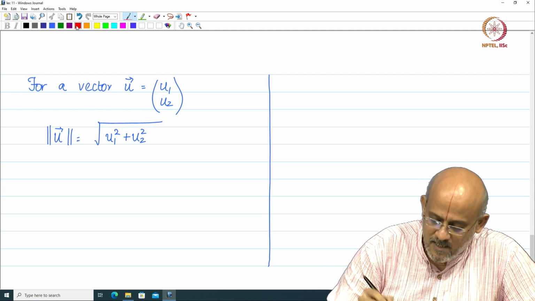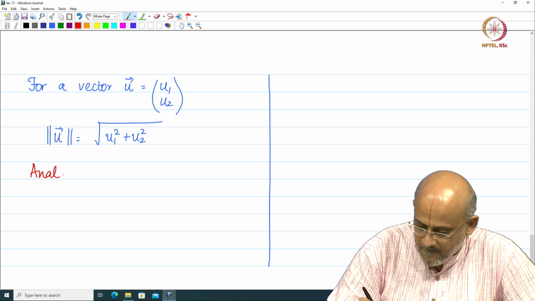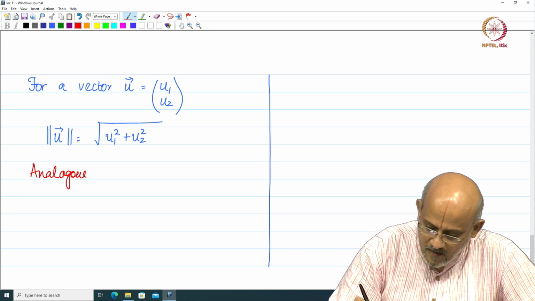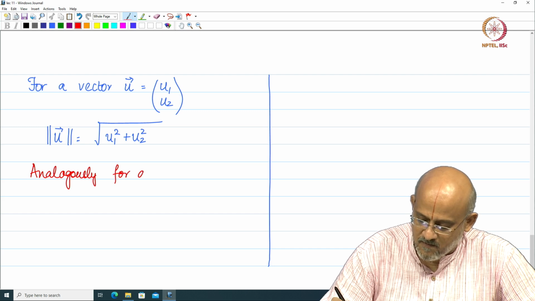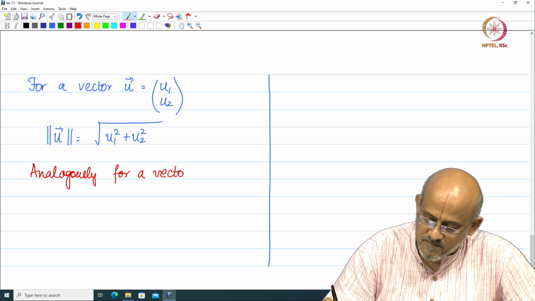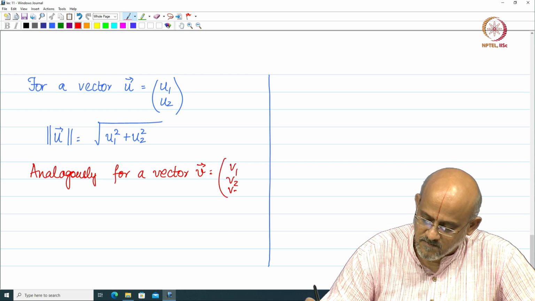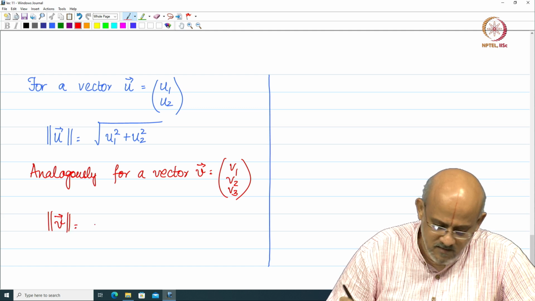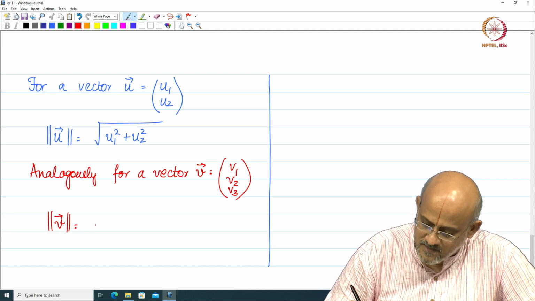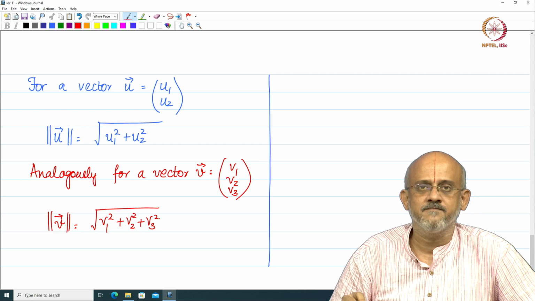Analogously, for a vector v in 3D, which is v1, v2, v3, the length of this vector v is given by the same idea, which is nothing but square root of v1 squared plus v2 squared plus v3 squared, right.